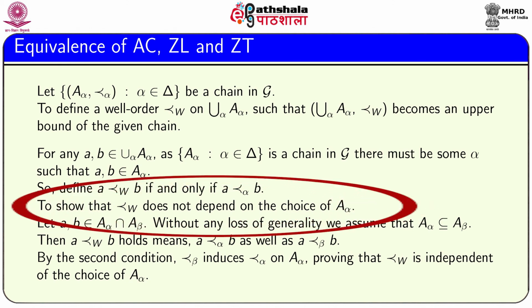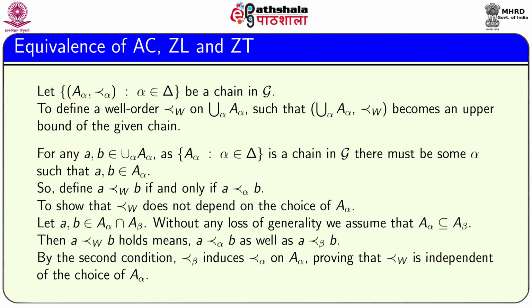We need to show that this new relation does not depend on the choice of A alpha. So, if possible, let us take two points a and b from the intersection A alpha intersection A beta, and suppose without loss of generality that A alpha is contained in A beta.